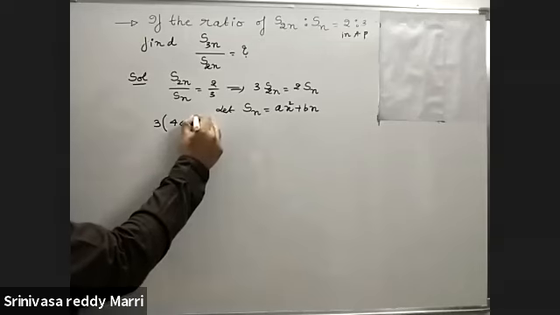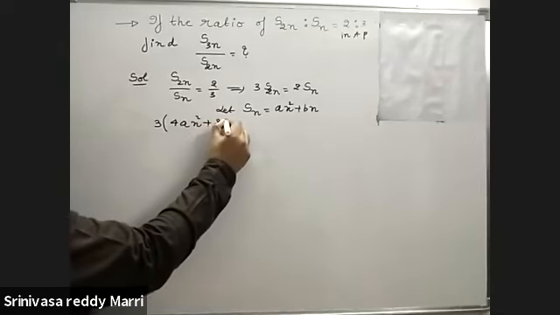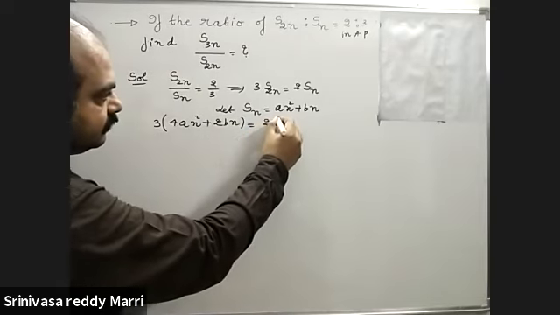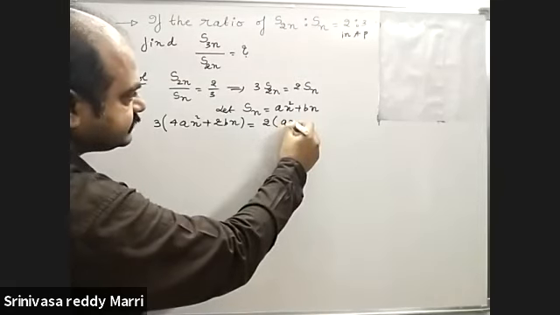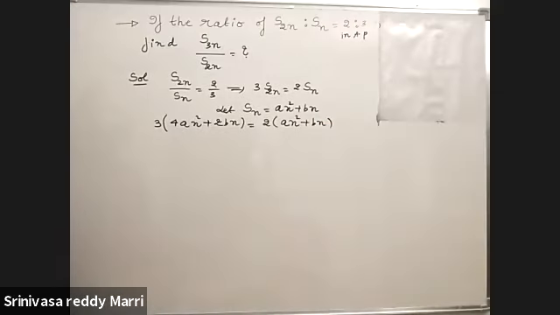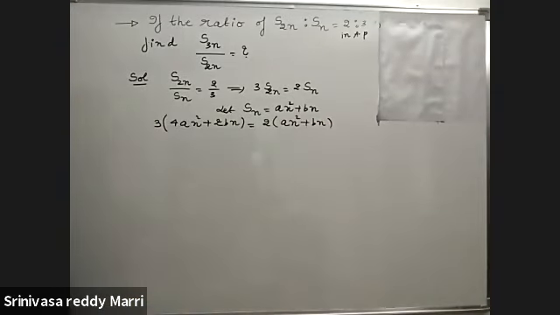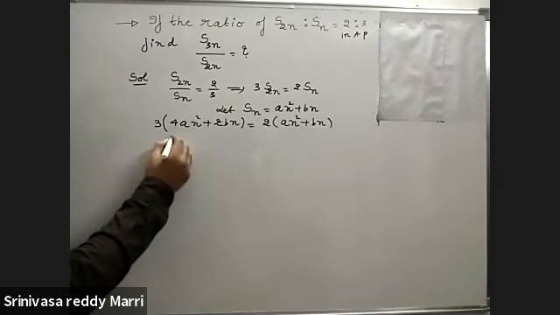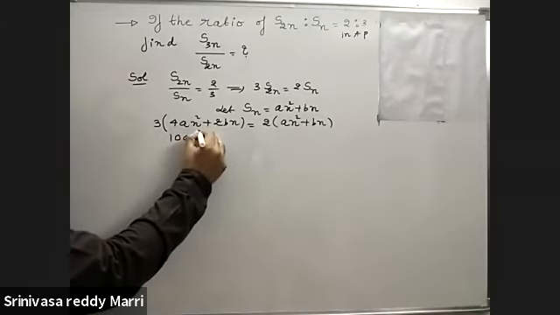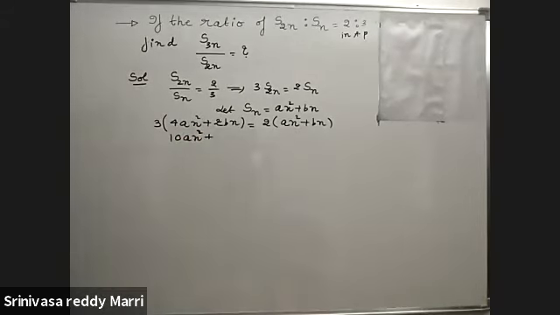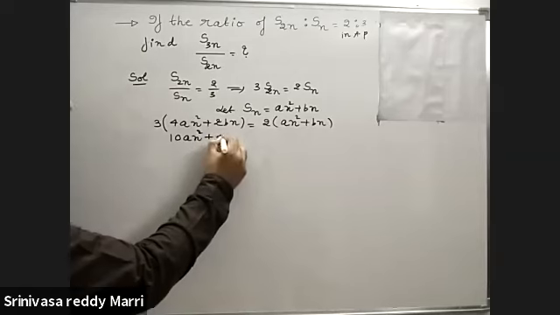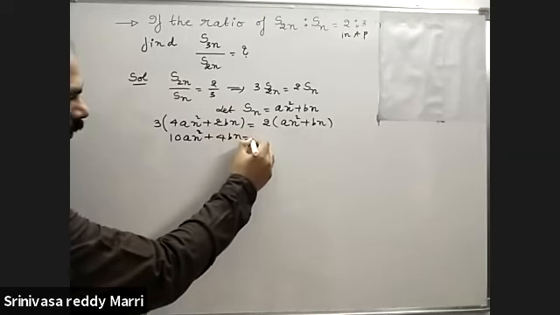So this is 4an square plus 2bn equal to 2 into Sn, where Sn means an square plus bn. Form an equation here. So this is 12 an square minus 10 an square. Bring to the left hand side: 10 an square plus 4bn equal to 0.